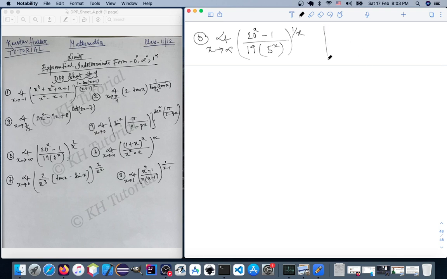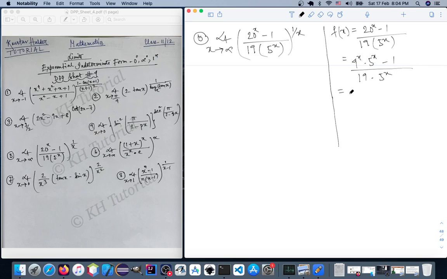Now if fx is 20 to the power x minus 1, 19, 5 to the power x, at x tends to infinity, this equals 4 to the power x into 5 to the power x minus 1, 19 into 5 to the power x.